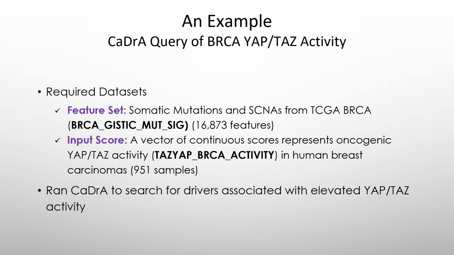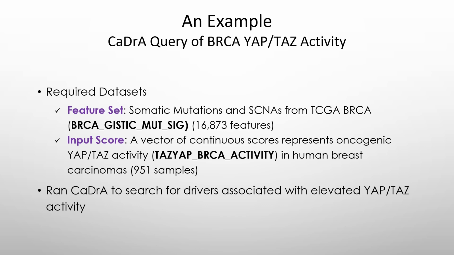We query this feature set based on an input score that measures the per-sample activity of YAP-TAZ, the two important regulators of the Hippo pathway. This score represents the projection on the TCGA breast cancer dataset of a gene expression signature of YAP-TAZ knockdown derived from a breast cancer cell line.